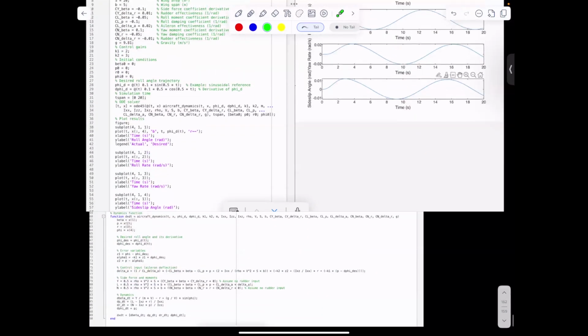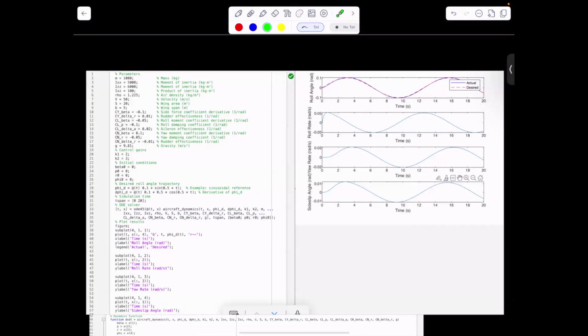And this is the overall dynamics of the system. Now this is the MATLAB result, and we can see that our objective is fulfilled. The roll angle tracks the desired trajectory over time, even achieved within 2 seconds, though the simulation time is 20 seconds. These are the results for the other states, and they are also controlled.